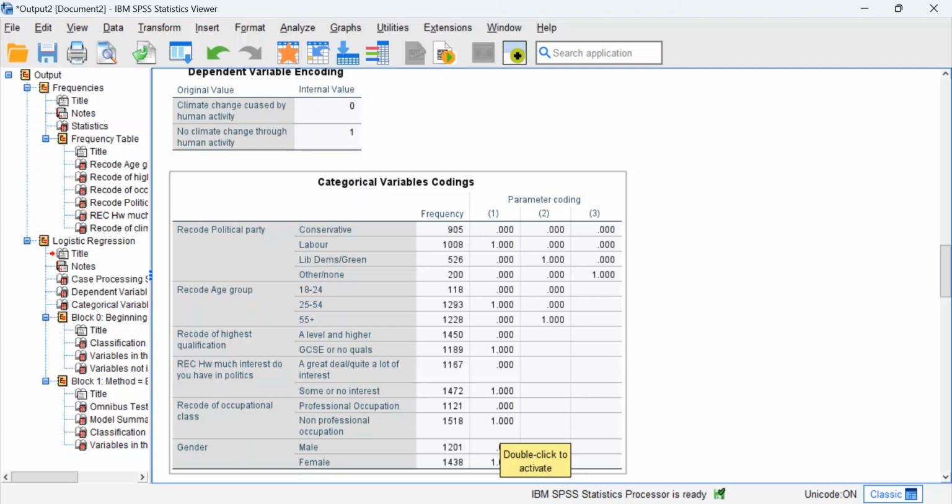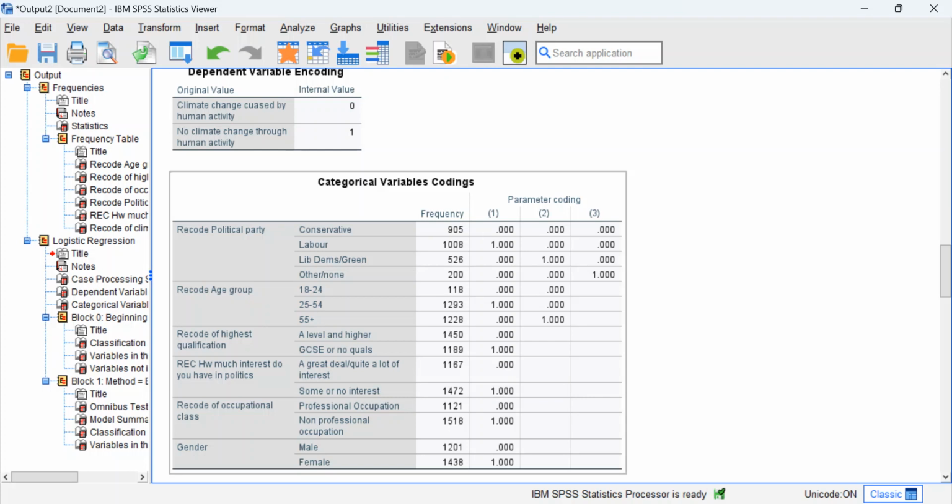Again, we're looking at people with some or no interest in politics and whether they're more or less likely to believe that climate change is happening due to human activities compared to those who have a great deal or quite a lot of interest. If we look at highest qualifications, again, you can see the value is going to tell us whether people with GCSE or no qualifications are more or less likely to believe that climate change is happening due to human activities compared to people with A level or higher.